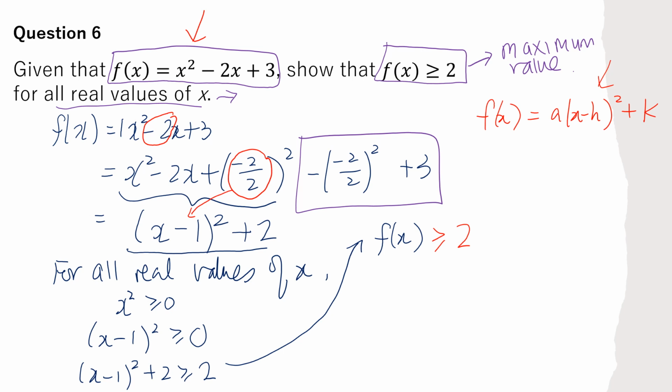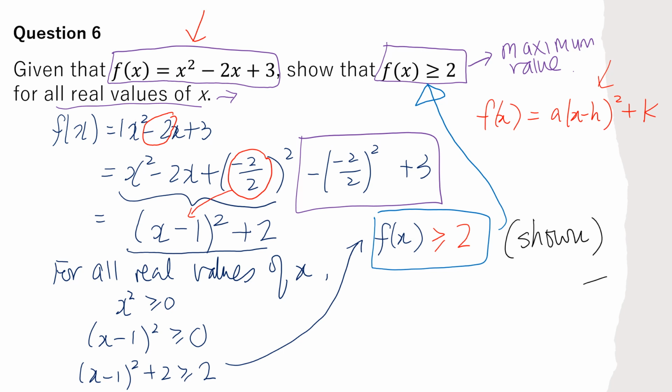Can you see? What we have obtained here is exactly what the question asks us to show. So all you need to do is put a bracket beside your answer and say shown. And that's it. That's how you solve the question. Okay, simple.